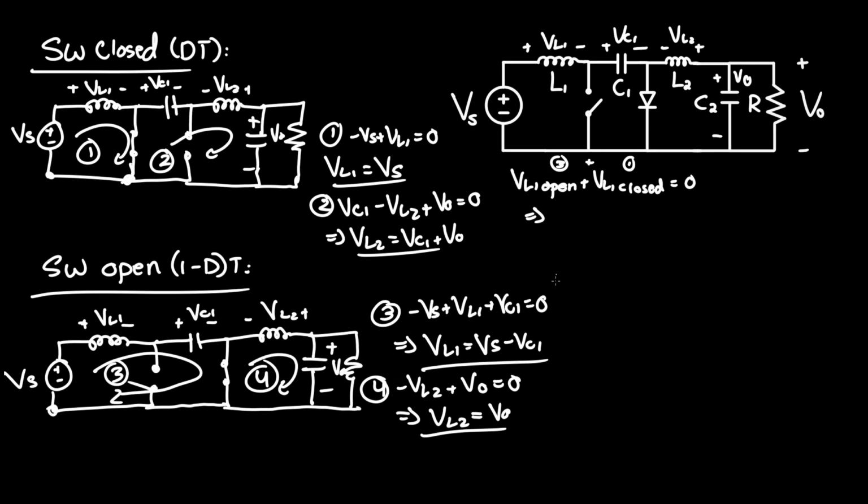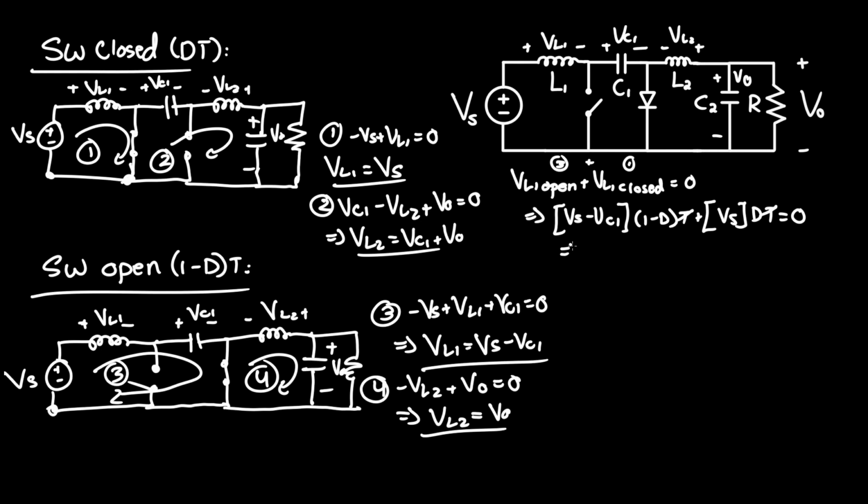So for VL open, we said that VL1 equals Vs minus Vc1 times 1 minus dt. And we add that with our VL1 equation for which the switch was closed, which was only Vs times dt equals 0. We can divide both sides by t to make it a little easier to solve.